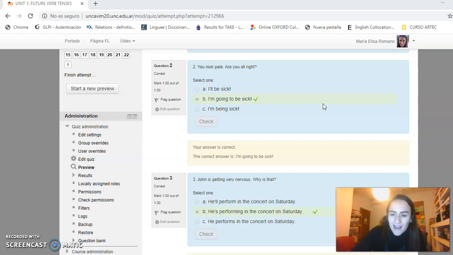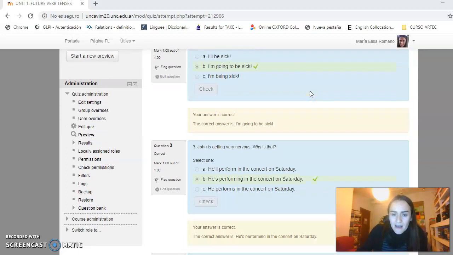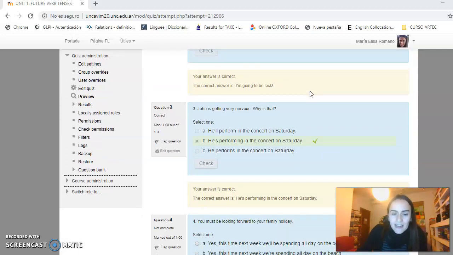They are not plans, they are predictions, but predictions that find support or evidence in the present. As in this case, there are symptoms, the person is pale. That's why B is the correct answer. I hope the explanation is clear.